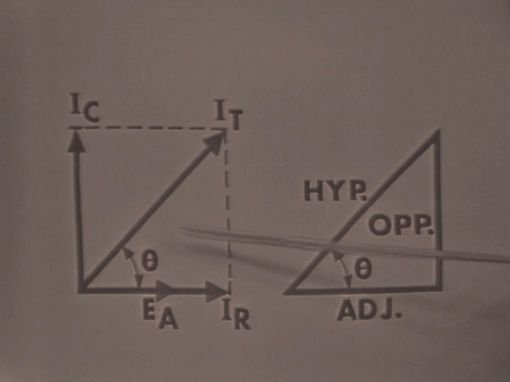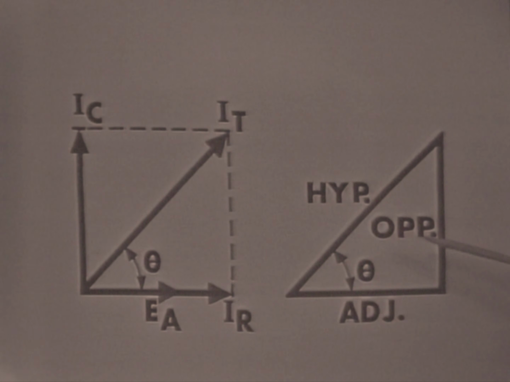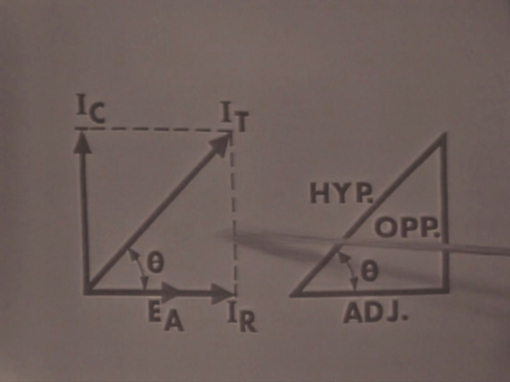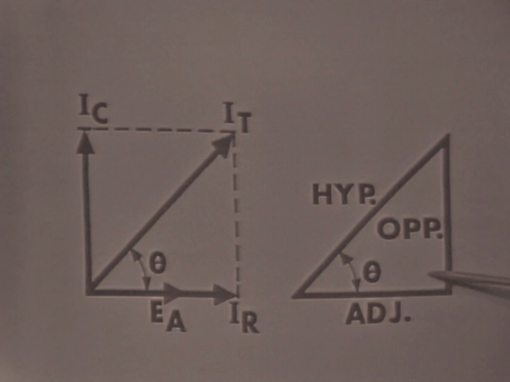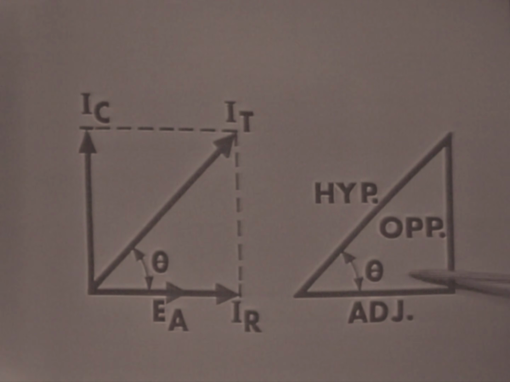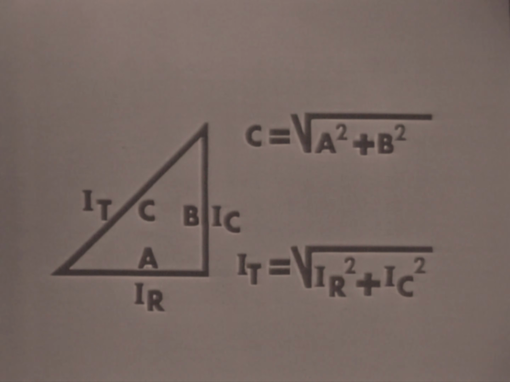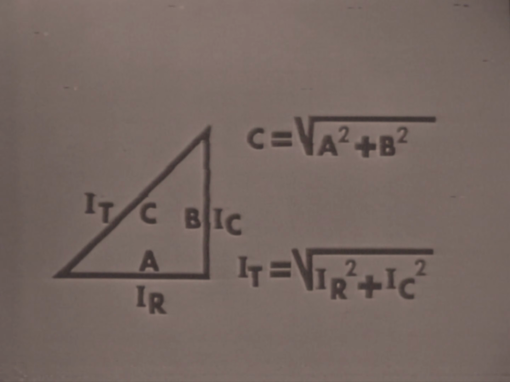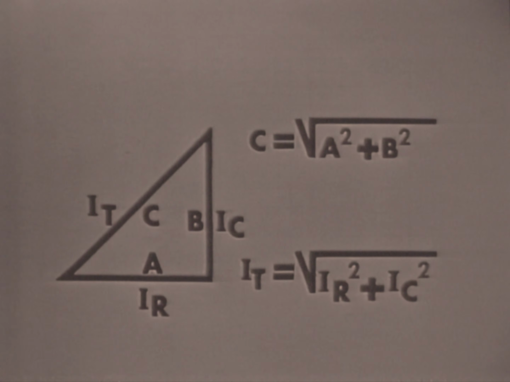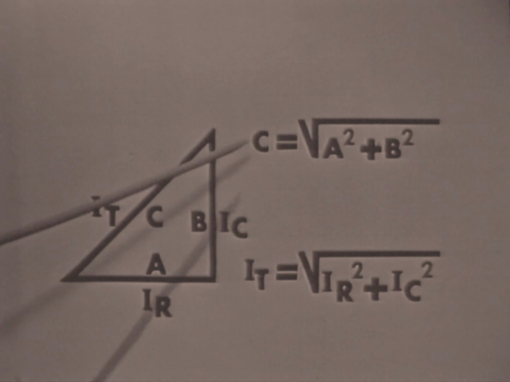Now, since the vectors of the circuit currents, I should say, are so closely related to the sides of the triangle, the same geometric theorems can be applied. Thus, side C, the hypotenuse, is equal to the square root of side A squared plus B squared.